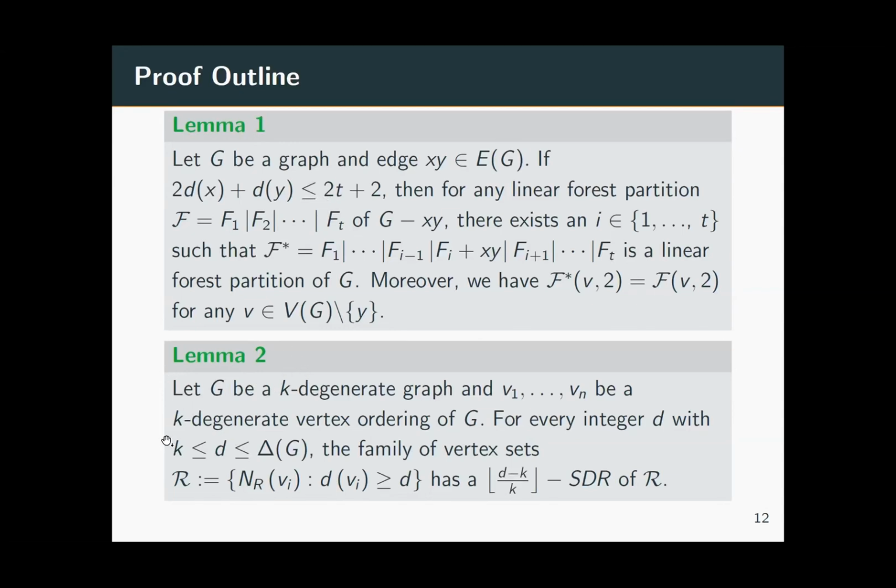Lemma 2 cares about the vertices with larger degree. That means it has not only at most Δ left neighbors, but also more than d right neighbors, and we actually used this d as Δ in our proof. This lemma gives us a system of distinct representatives of all the right neighbors of the vertices.